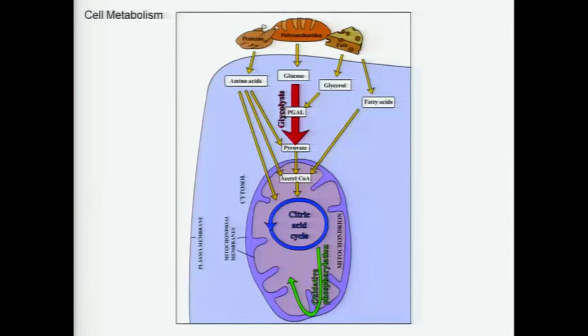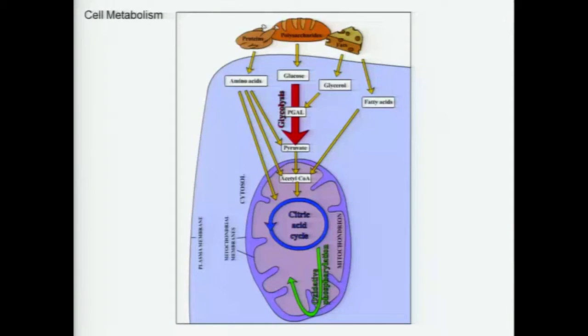The initial stage is concerned with the breakdown of glucose. Glycolysis is broken down into pyruvate, which is then converted to acetyl-CoA, enters the mitochondria, and enters the Krebs cycle or citric acid cycle. Okay. And then products of the citric acid cycle enter the electron transport chain and oxidative phosphorylation.